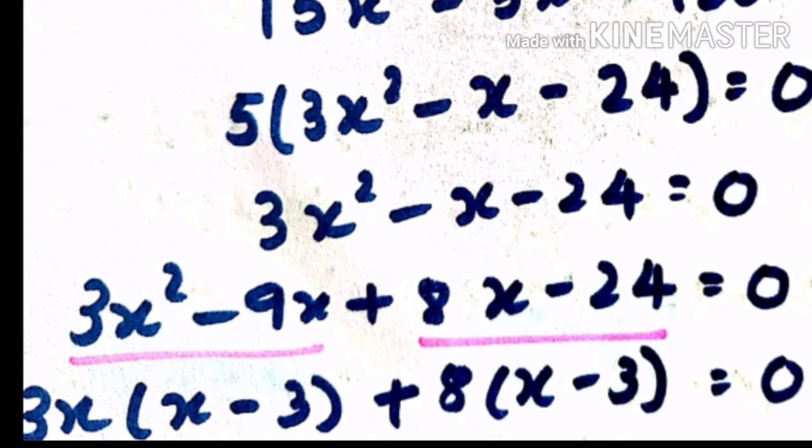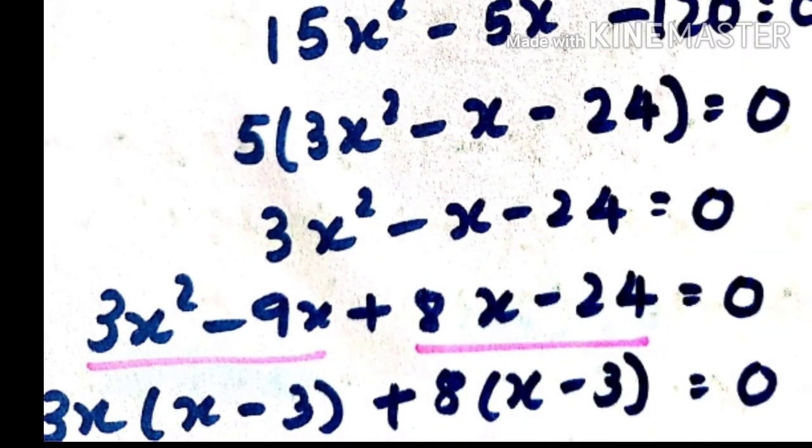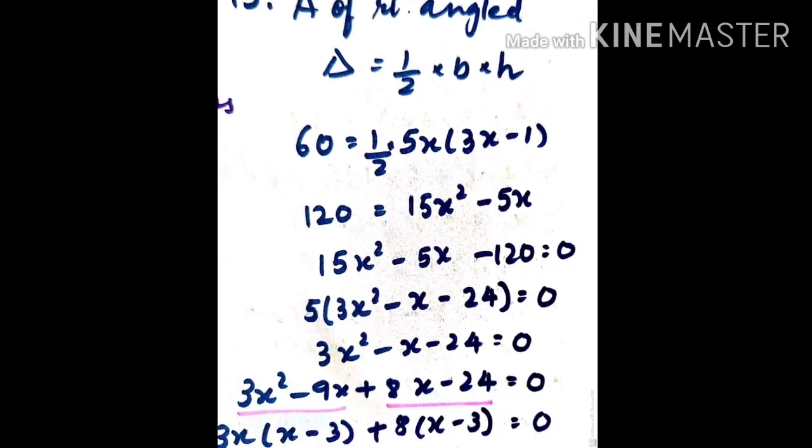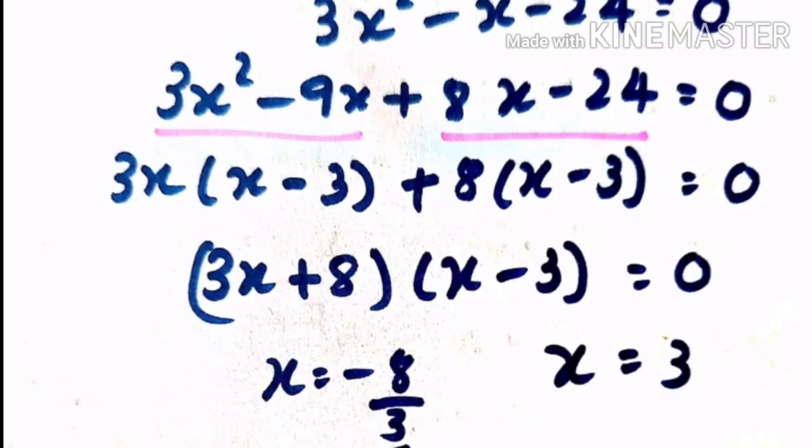From the first two terms, I take 3x common, x minus 3 in the bracket, plus 8 common, x minus 3 in the bracket is equal to 0. So likewise, you can solve your question, and next step we get 3x plus 8, x minus 3 is equal to 0, and then I take both the brackets individually equal to 0. Then I get x is equal to minus 8 by 3 and x is equal to 3.